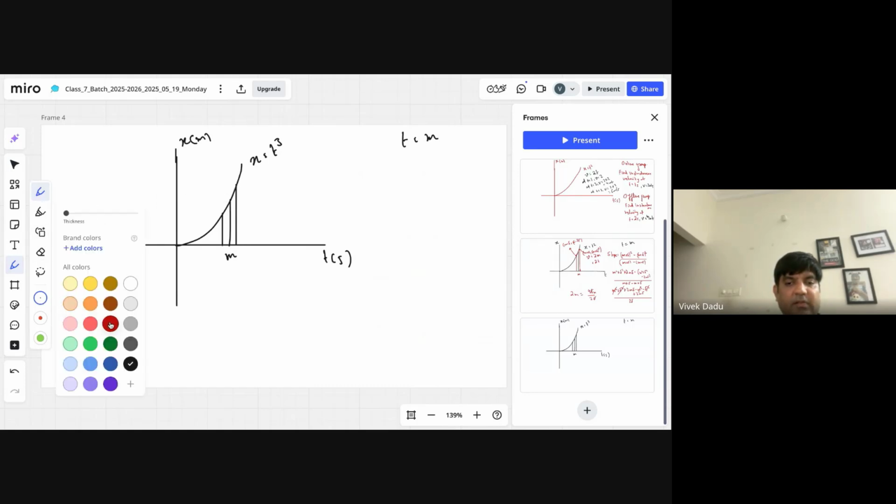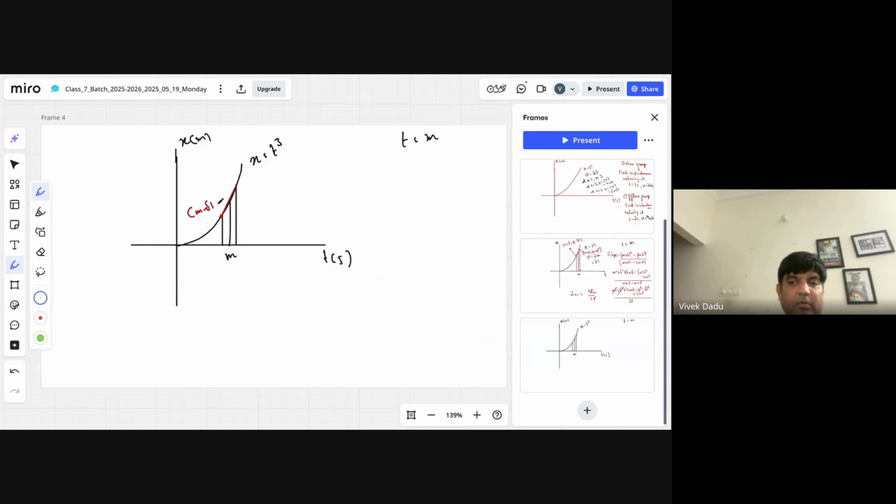Again, take this as a straight line passing through m. What are the coordinates of this point? What are the coordinates of this point?